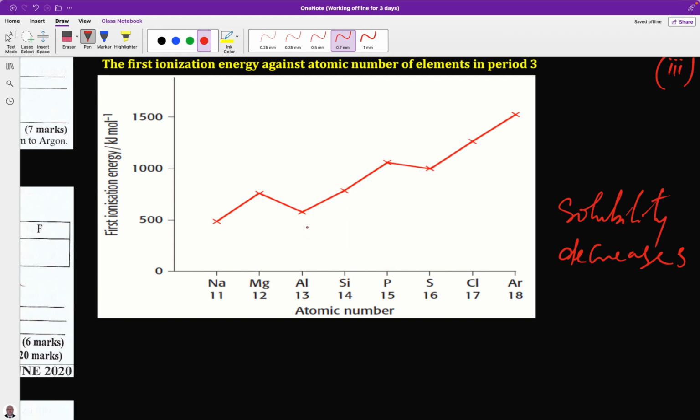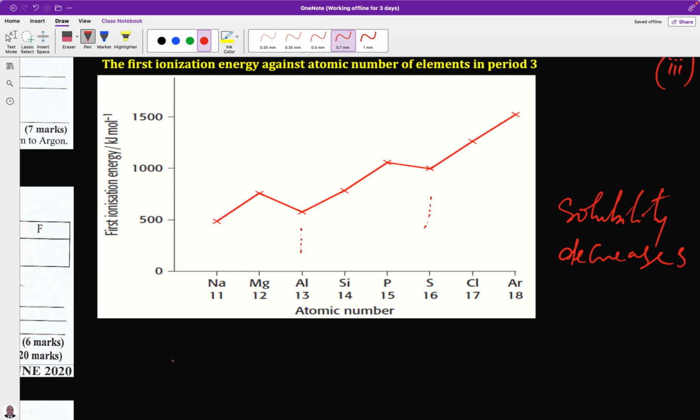But there are some variations, especially in group 13 and also in group 16. There is an increase, then a drop at aluminum, and there is a drop at sulfur.